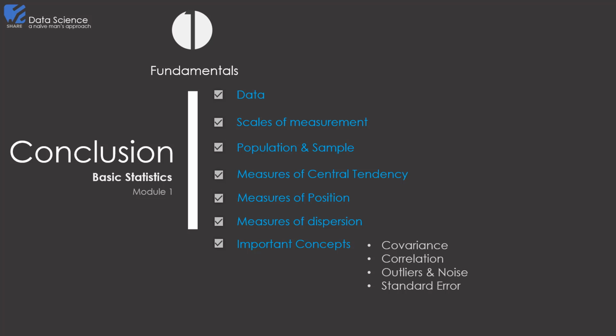Then we studied mean, median, mode, which are measures of central tendency. Then we saw measures of position, that is percentiles, quartiles, etc. And then measures of dispersion, which are standard deviation, variance, etc. Then the last we concluded with a few more important concepts such as covariance, correlation, coefficient of correlation, outliers, noise and standard error.